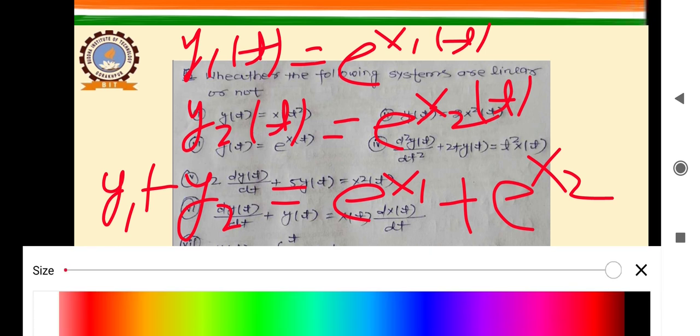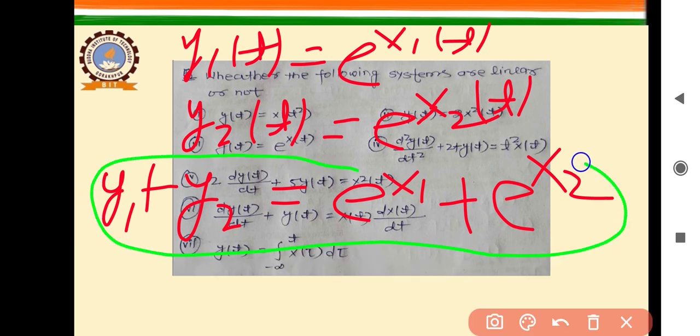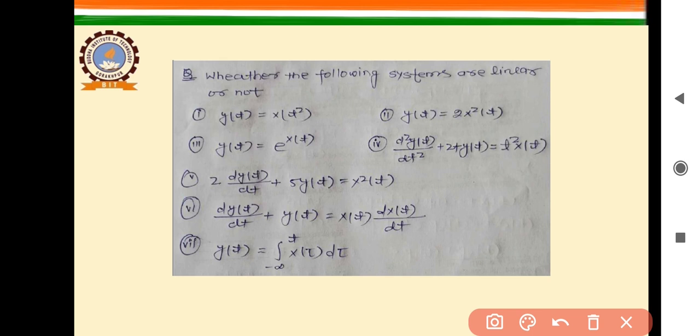Remember this result, y1 plus y2 will be equal to e power x1 plus e power x2. Again, replace the variable x by x1 plus x2. Then I will write y3(t) is equal to e power (x1 plus x2).